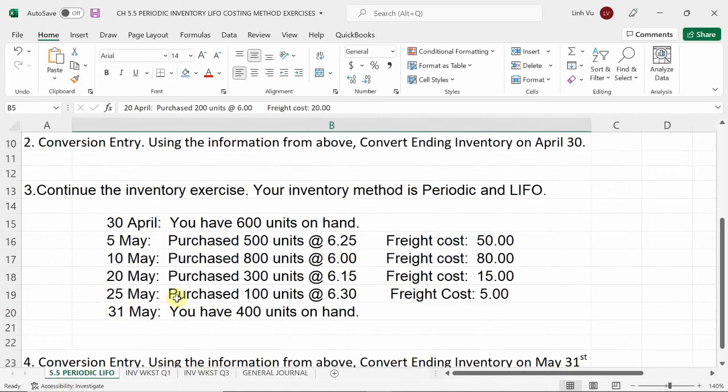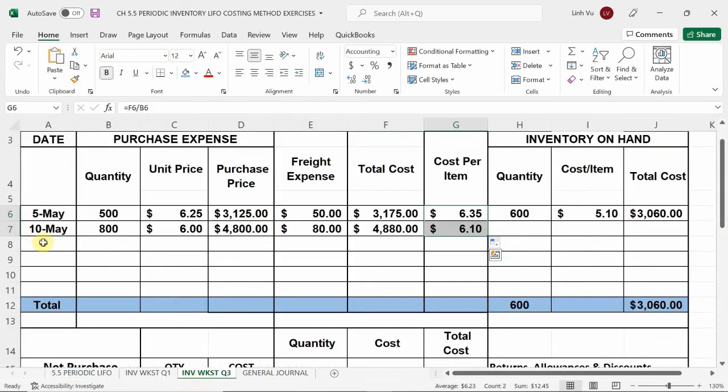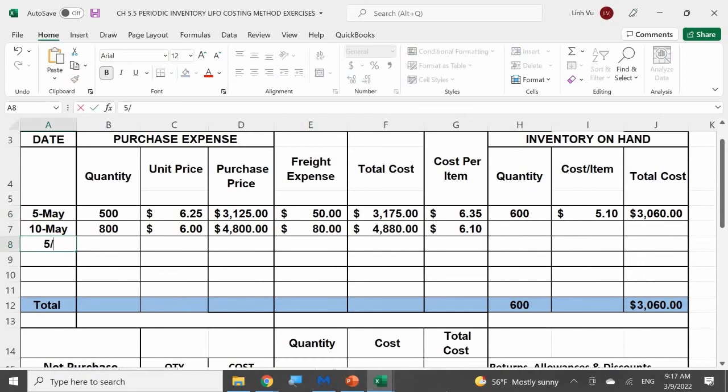Then on May 20th, we purchased 300 units at $6.15 with a freight of 15.